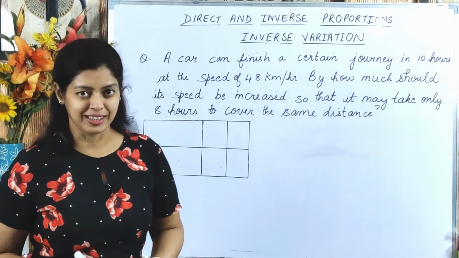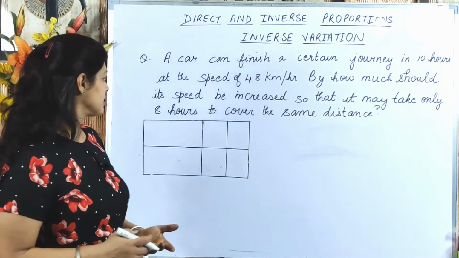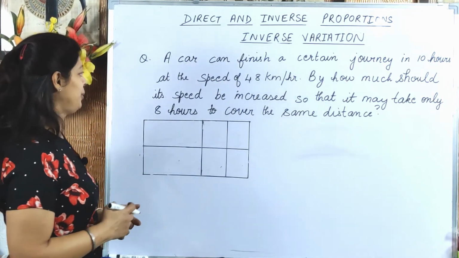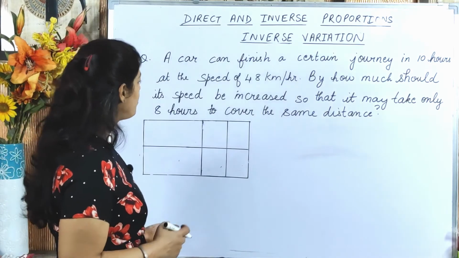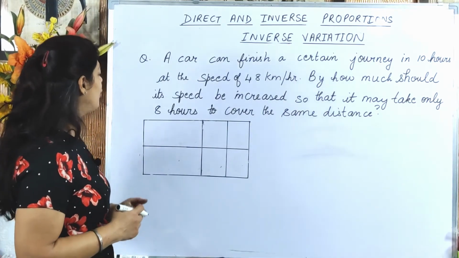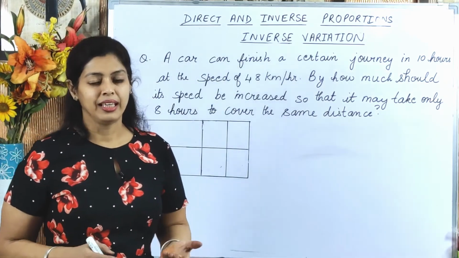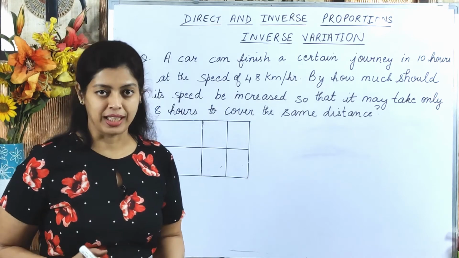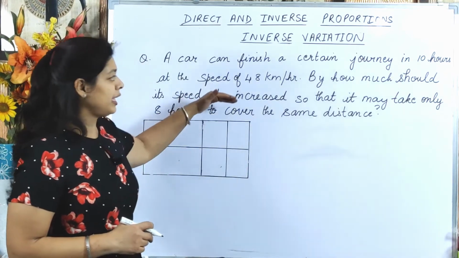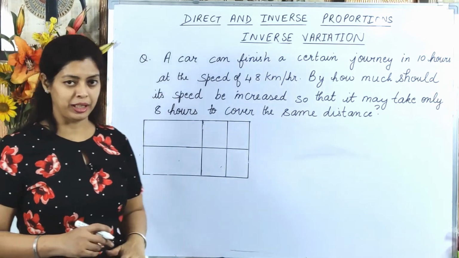So here's our question. A car can finish a certain journey in 10 hours at the speed of 48 kilometers per hour. By how much should its speed be increased so that it can take only 8 hours to cover the same distance? So here in this question, the distance is fixed. And initially it takes 10 hours to cover the fixed distance at the speed of 48 kilometers per hour.